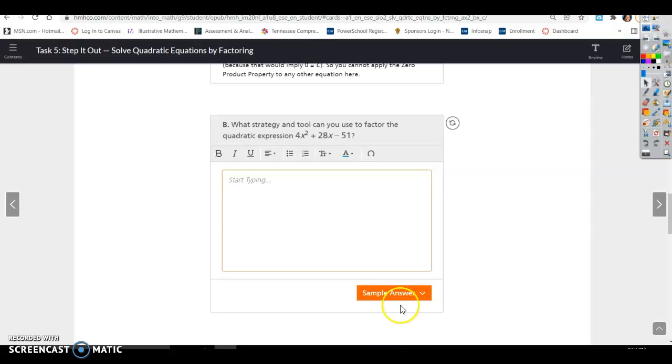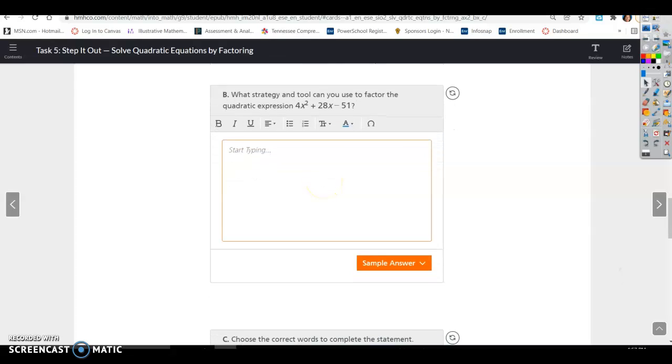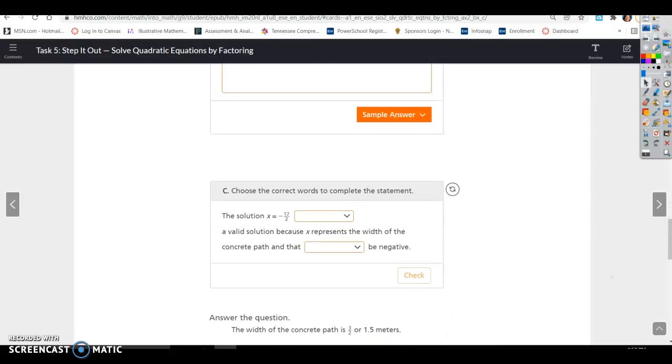You can do what I do, which is A times C, add to get B, or you could make a table of values with all the multiples of A, all the multiples of C, and then all the different combinations that add up to give you the middle term, which is B. Whichever method you prefer, you can do that.